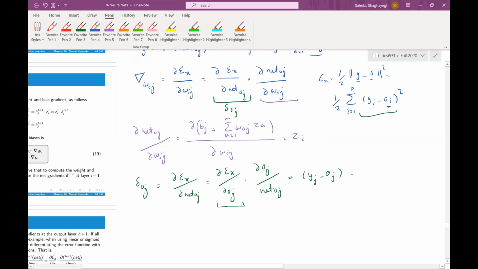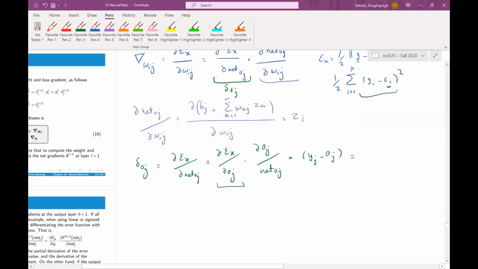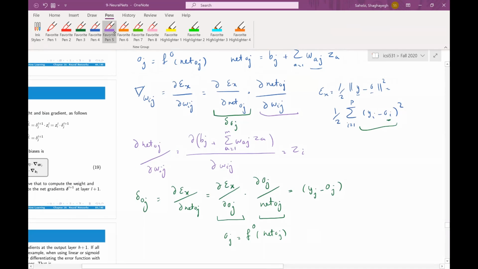And the second part, the derivative of OJ with respect to net OJ, depends on the activation function, because we know that OJ is FO of net OJ. So depending on the activation function, it's going to be different. Assuming that our activation function is, for example, sigmoid, so FO is theta of net OJ, the sigmoid.